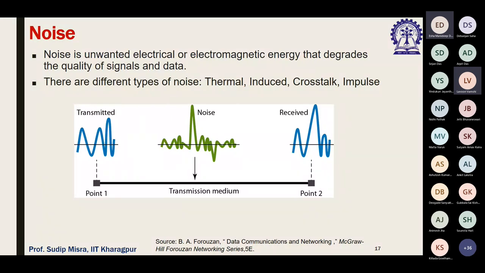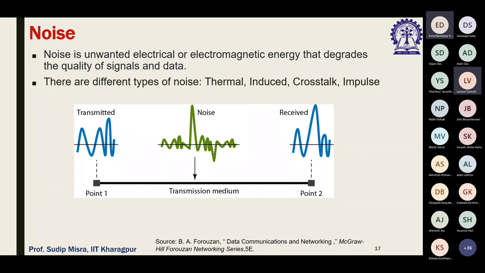If there is a transmission going on in one wire, the presence of another wire induces crosstalk. One wire acts as the sending antenna, and the other acts as the receiving antenna. That is where crosstalk comes into the picture.